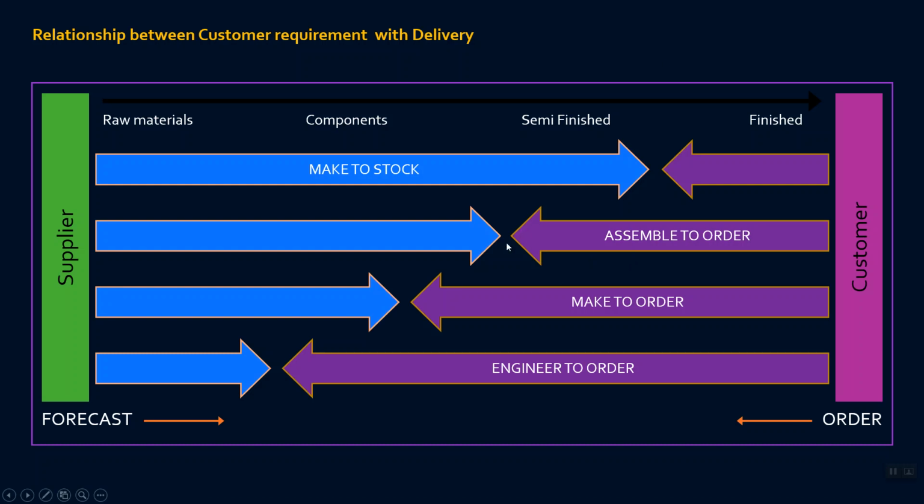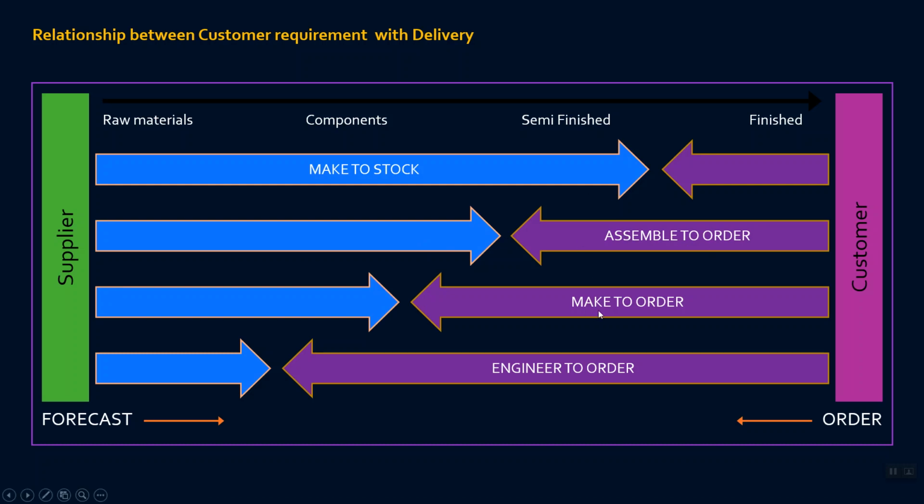Once you get the configuration, like an iPhone, you will start assembling it and then deliver it. So the delivery date will get delayed. Here you can see it is 50%. In make to stock, you can see 100% ready, the delivery time is zero. Here the delivery time is 30 to 40%. Once you get the order, it will require 30 to 40% of the overall life cycle time to manufacture, assemble and deliver that particular product.